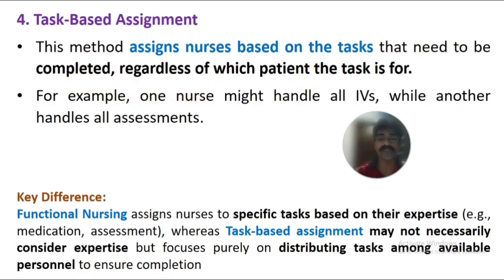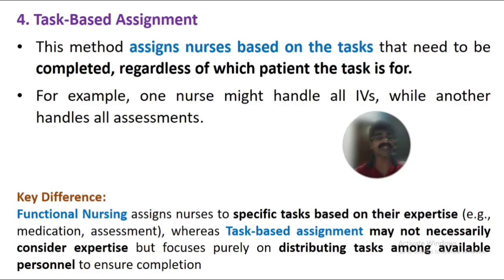So they will be assigned different tasks for different patients, and they have to complete that particular task. For example, one nurse might handle intravenous fluids, IVs, while another handles patient assessment. Here also a nurse will function in a specific task.